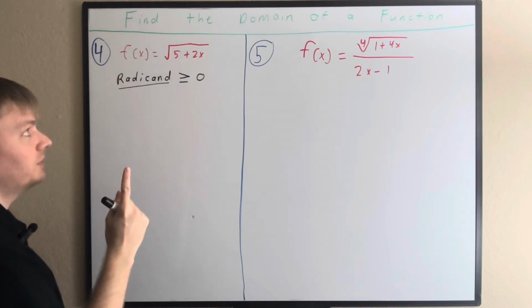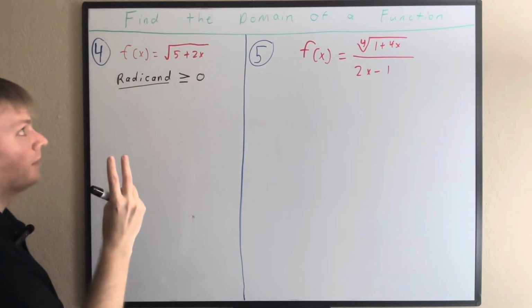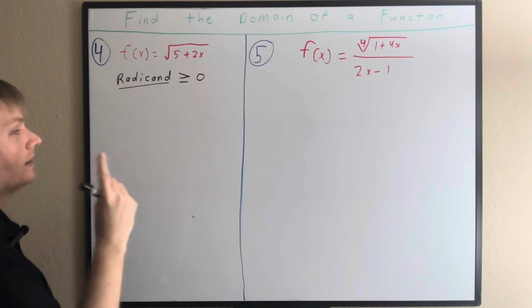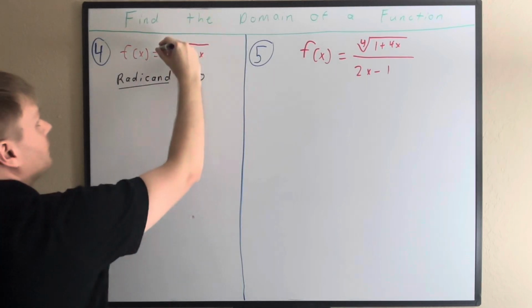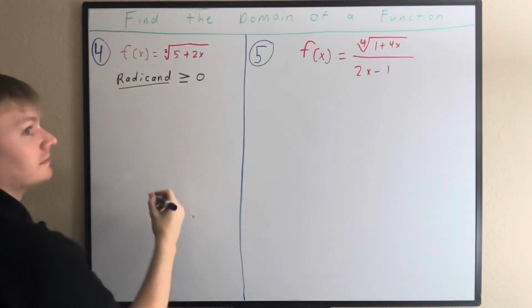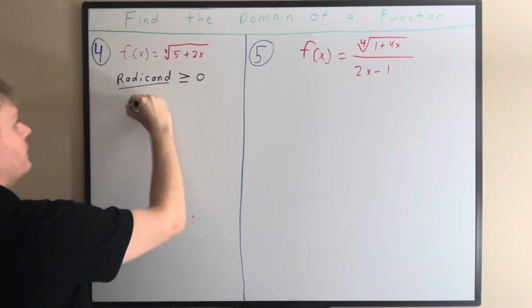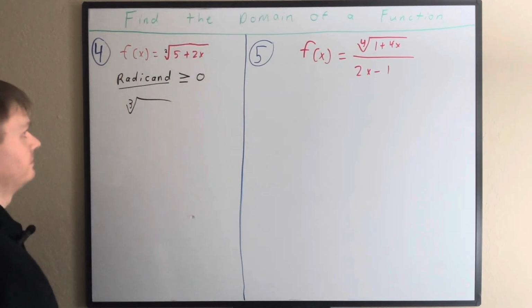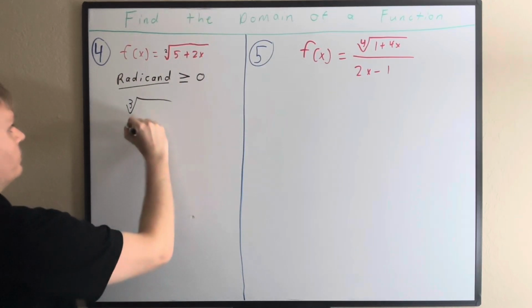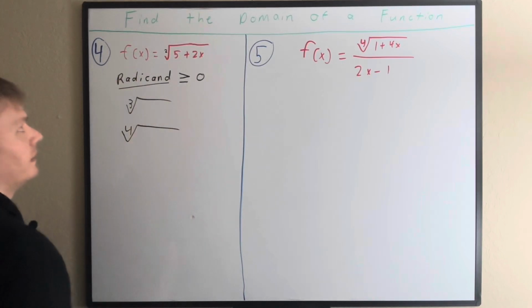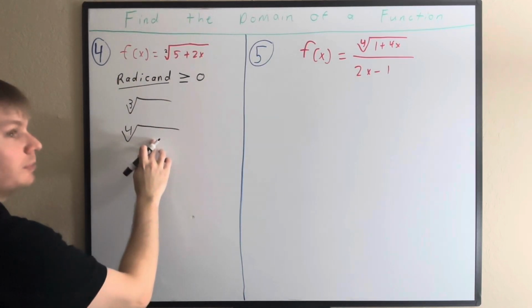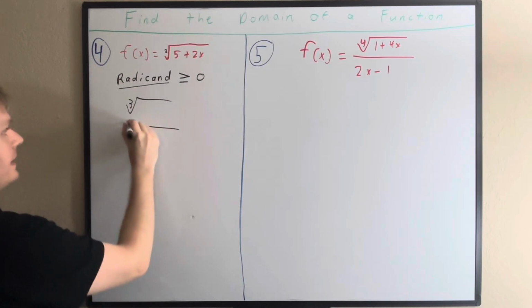Only 2 things you need to watch out for. Square roots with a variable underneath them, and denominators with a variable underneath them. Square roots specifically, okay? If you have a cube root, that's fine. If you have a 4th root, that cannot be less than 0 either, because it's even.